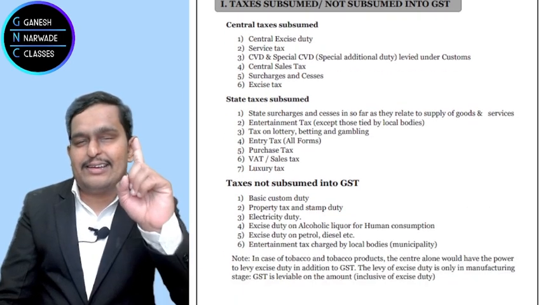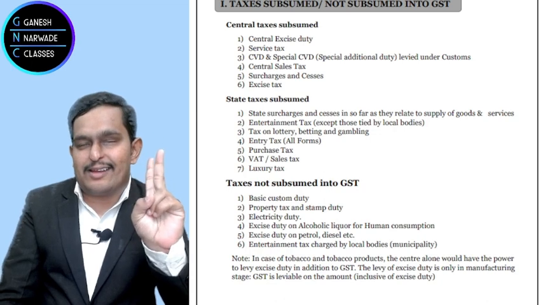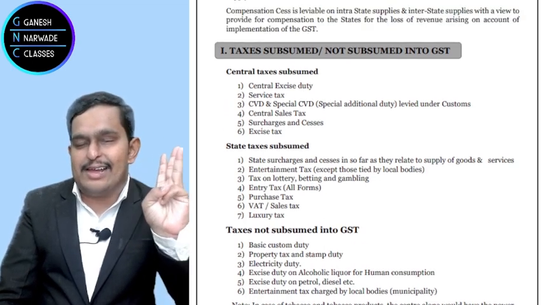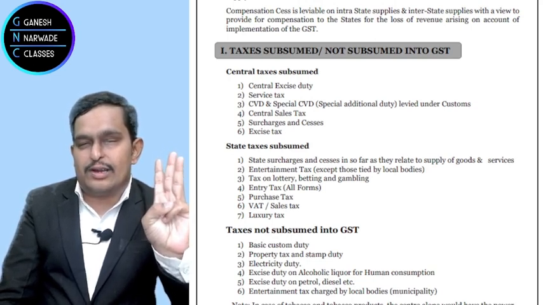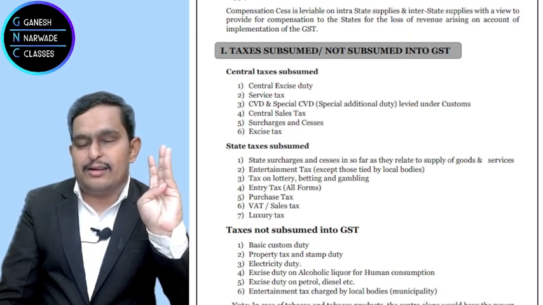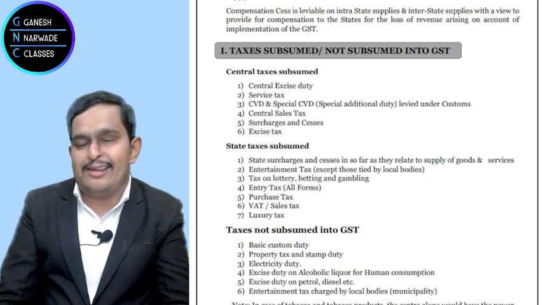Central excise duty on manufacture of goods. Service tax on provision of service. CST, central sales tax on sale of goods from one state to another. There are also some additional duties of customs like CVD and special CVD.